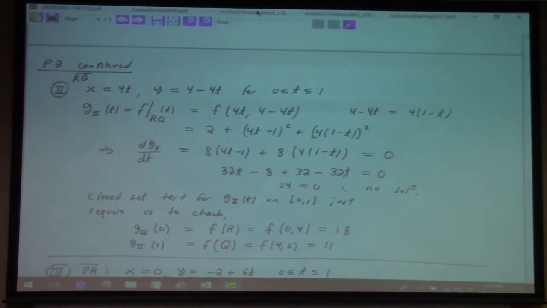Well, huh. Wonder where my mistake is. Is it the parameterization? I'm trying to go from (0, 4) to (4, 0).